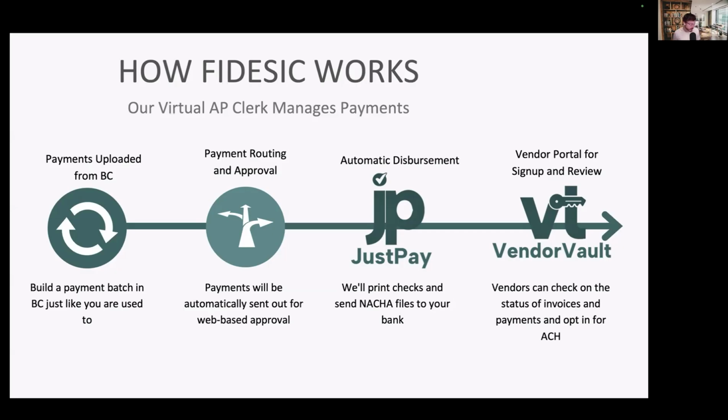They'll look like your payments. Most importantly, we also have a vendor vault or vendor portal that allows vendors to check on status and opt in to receive ACH payments, and hopefully avoids them calling you with questions about their invoice status and emailing you sensitive ACH information. That can all take place directly in our portal, which I'll show you a bit of once we get to the demo here.